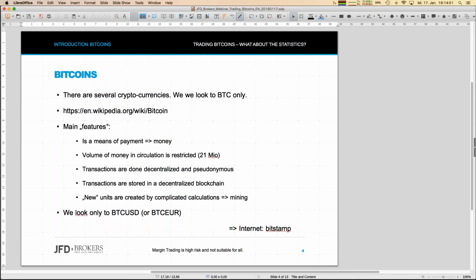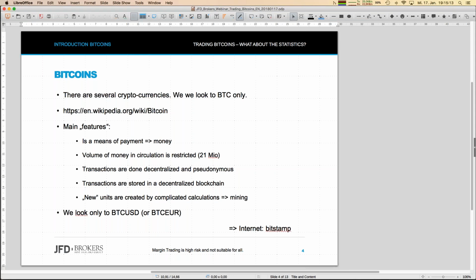And therefore, that blockchain development or invention is a real hype, and we will see lots of other applications of that as well.